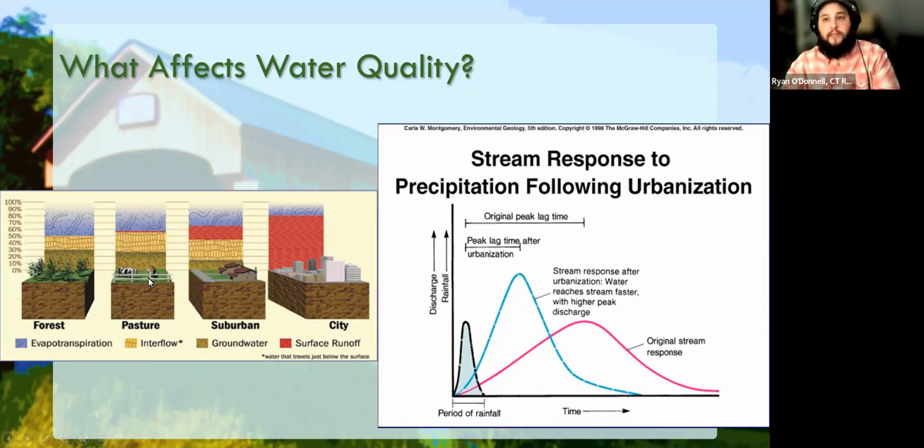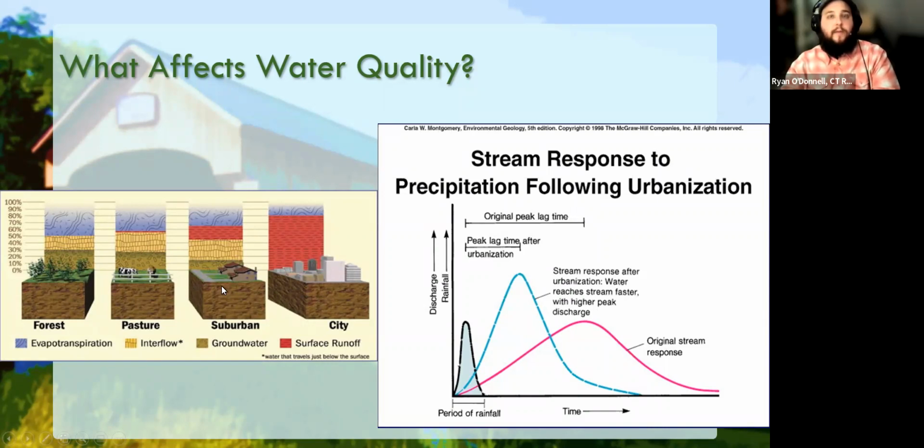On pasture, which is still mostly green, there aren't as many trees and maybe some of that land is compacted, so you're getting a little bit less evapotranspiration. The groundwater movement is maybe a little shallower, and you're starting to get this red line, which is surface runoff, which is just water that hits the ground and heads straight to the nearest body of water.